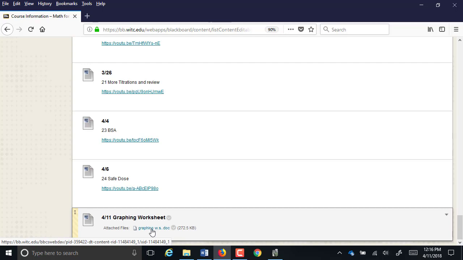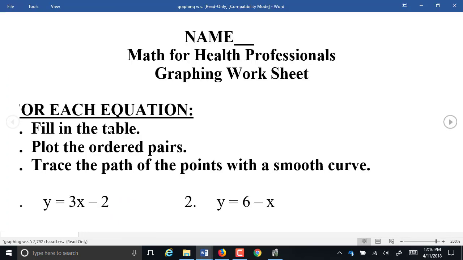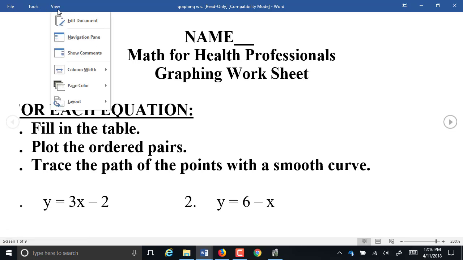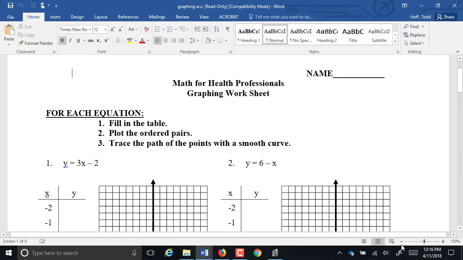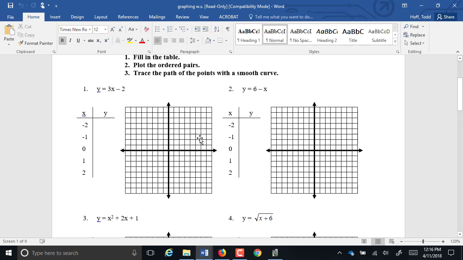This worksheet has 8 equations. Actually, sorry, 10 equations. I added a couple to it. There are 10 equations on this worksheet, and I gave you a table of values.